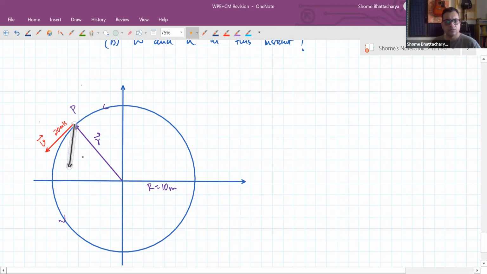So this is what it means by saying that the acceleration vector is at 37 degrees with respect to the velocity at this particular moment.